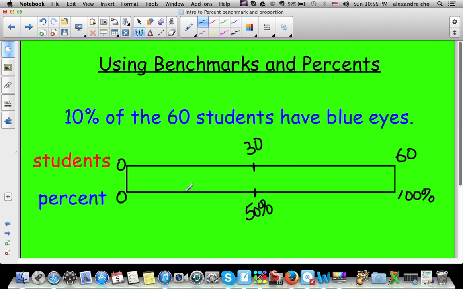Let's do 25%. That's another one we can do. That's the half between 0 and 50, so the halfway between 0 and 30 would be 15. Does that help us with 10%? Remember when we did tape diagrams?